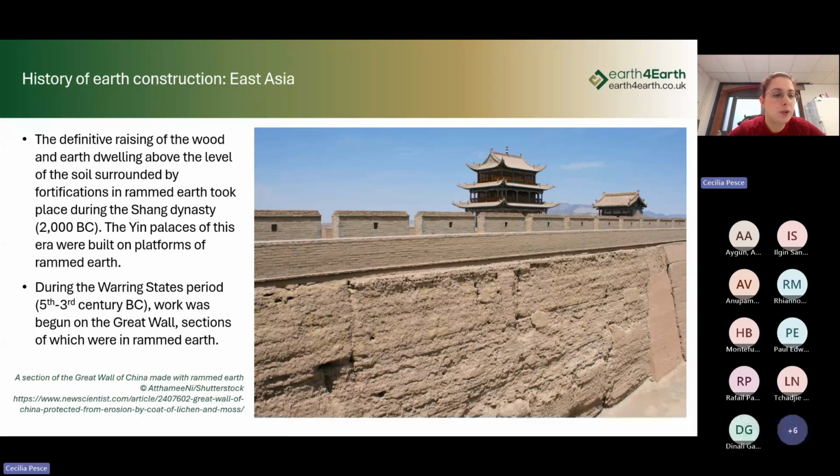Otherwise, other techniques were used. And here we have an example. This is the Great Wall, and many sections of the Great Wall were built in rammed earth. We can see the characteristic layers of this technique in this picture here.